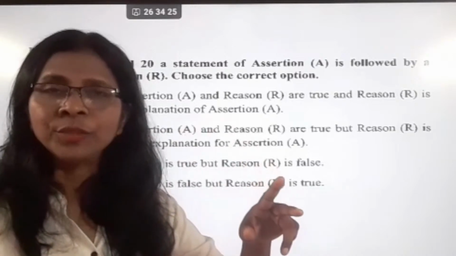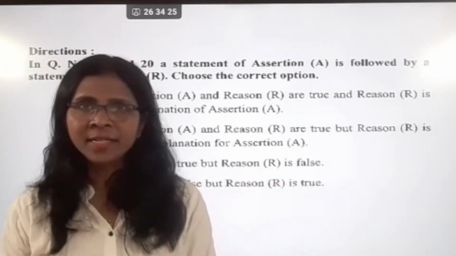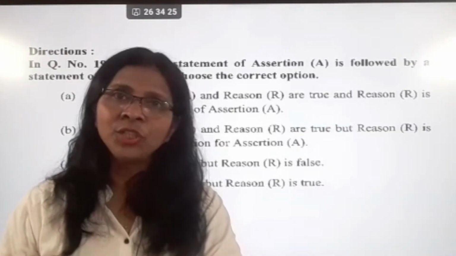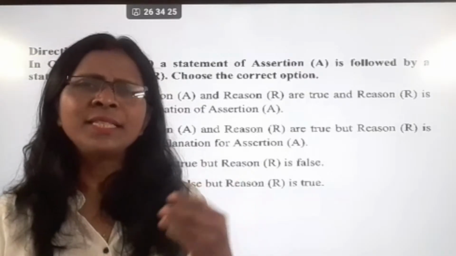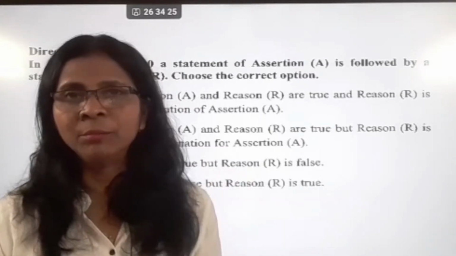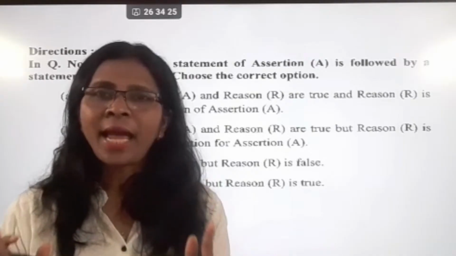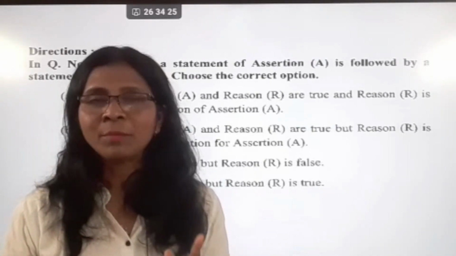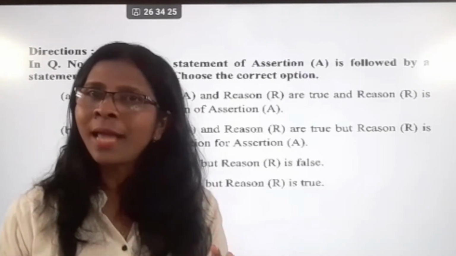The explanation of the assertion is that there is a radius and a tangent, and from the radius-tangent theorem, or simply the tangent theorem, these two tangents make a right angle to the radius or to the diameter.